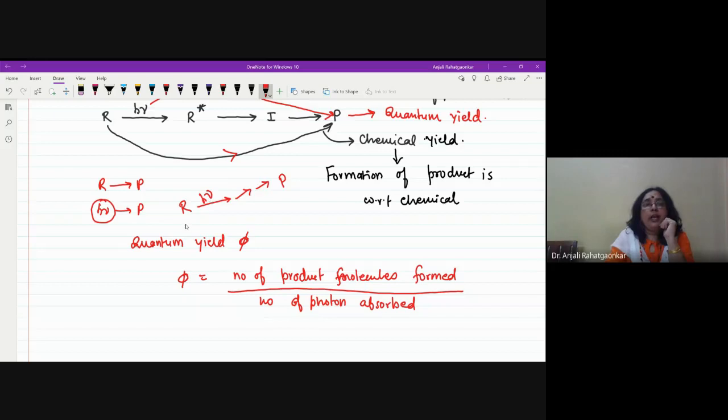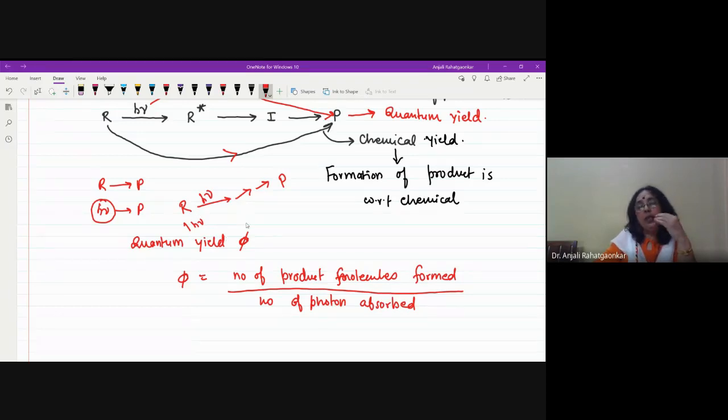Okay, so if I say that one h nu, one photon, is absorbed. As I told you, in the last lecture we explained the Jablonski diagram, and that Jablonski diagram is nothing but the photophysical change. So whenever energy is absorbed by the molecule, no doubt there are certain changes, but the complete conversion of reactant into product is generally not observed in photochemical reactions.